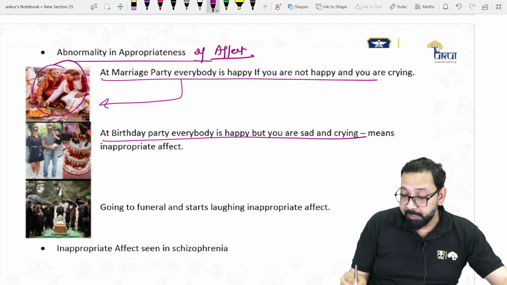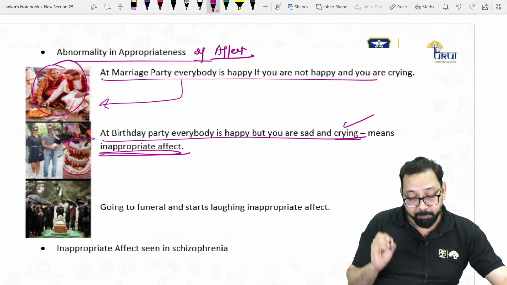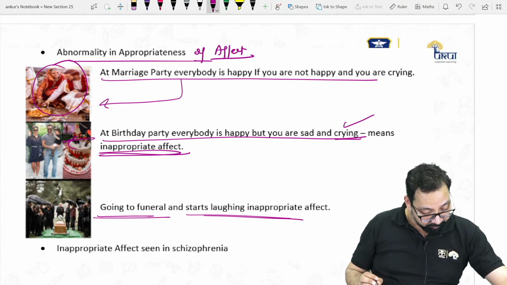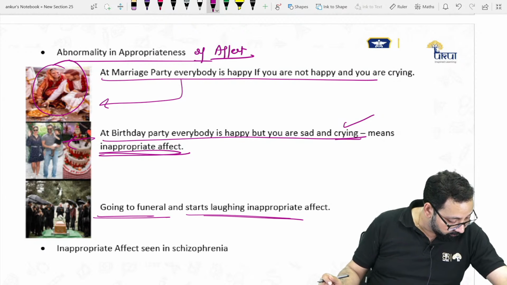If you go to a birthday party of Taimur and start crying, or go to a funeral and start laughing, I would say inappropriate affect.